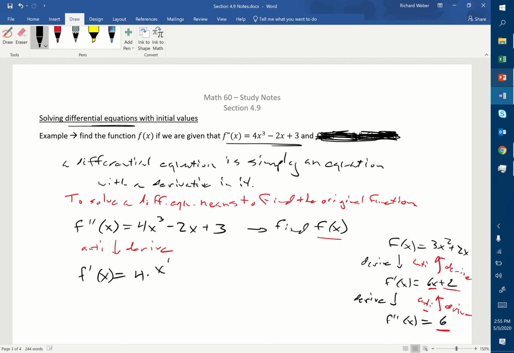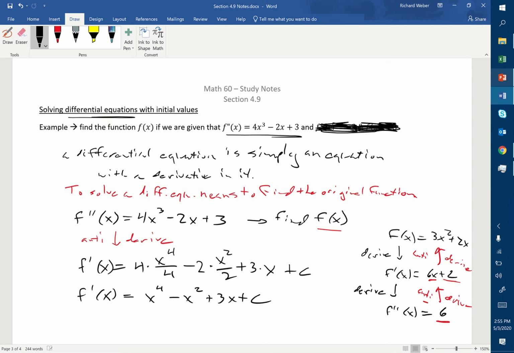X to the 3 plus 1 is 4 over 4, minus 2 times x to the 1 plus 1 is 2 over 2, plus 3 times, well, if it's a constant and you're anti-deriving, you tack on an x, and then you go plus c. So cleaning up, we have a general form of the first derivative of this function, given what they gave us about the second derivative. And it looks like this, okay?